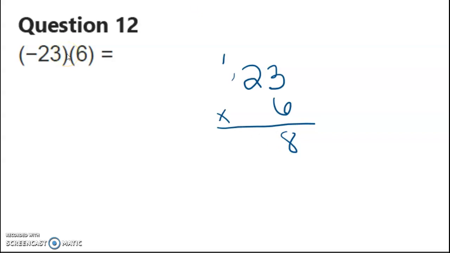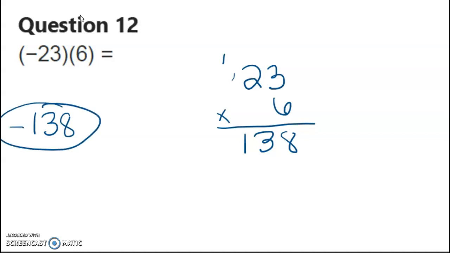I'm so sorry, my brain's working today. So 23 times 6 is 138. And then I have to determine if this is positive or negative. Are my signs the same? They're not. Because I have different signs, my answer must be negative.